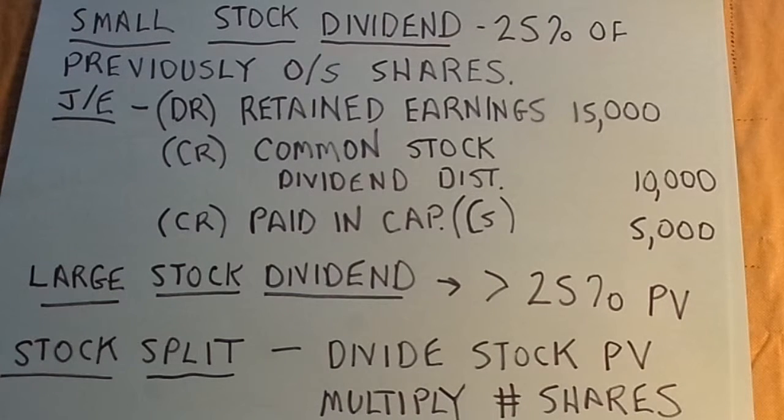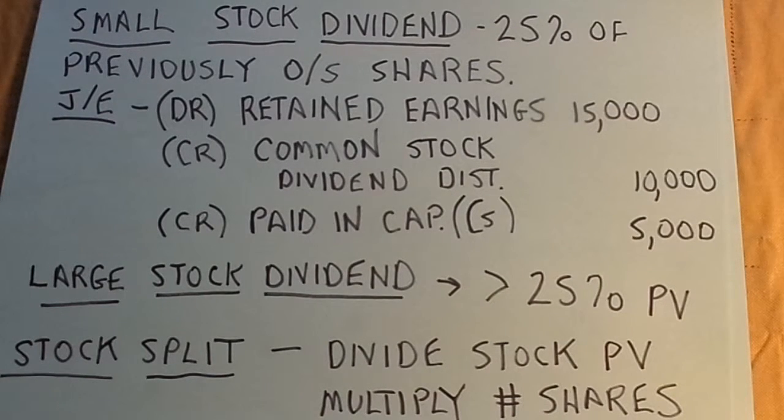Let me point out here that legal money laundering is occurring here. So there's nothing wrong about this, but if you do the small stock dividend, you wind up with a big reduction of retained earnings, and we basically transfer retained earnings to new stock.